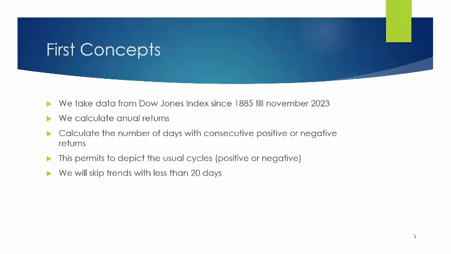We discovered that there were moments of doubt in the markets when there was a shift in the trend that lasted a few days, and normally the market came back to the previous trend. So we skipped it, and we obtained, I'm going to show you right now, very similar results.